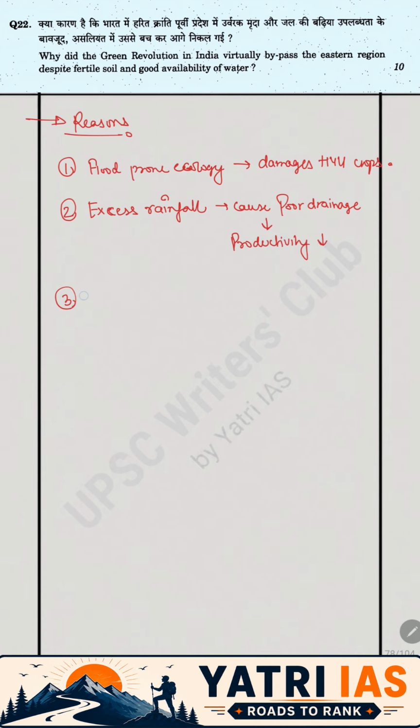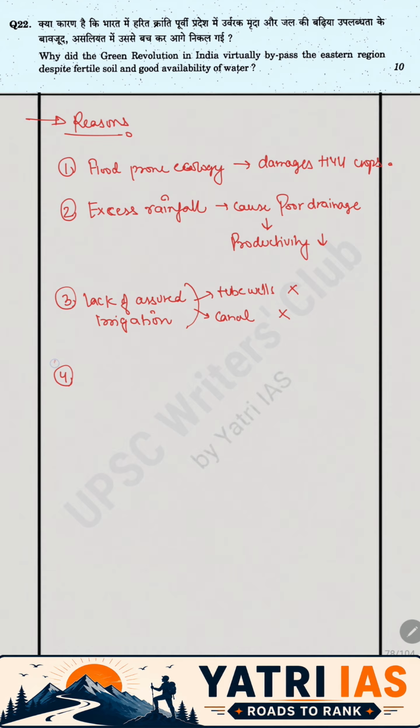Then you could mention lack of assured irrigation. Irrigation facilities, such as tube wells and canal infrastructure, could not develop in the Eastern region. As a result, it could not succeed.